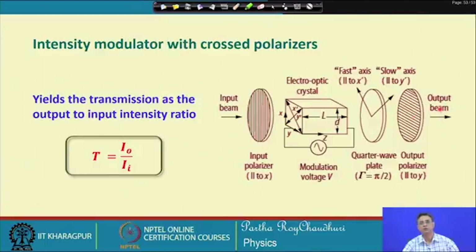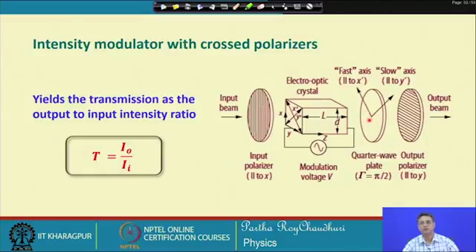The output will be modulated depending on the applied voltage, because the applied voltage will make the two orthogonal polarizations' amplitude dynamic because of the delay. There is a quarter wave plate, which is to bias this modulator.